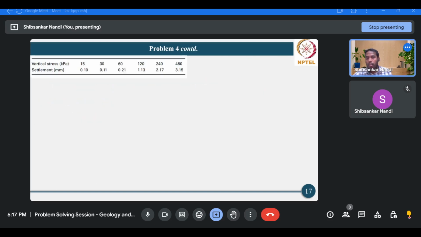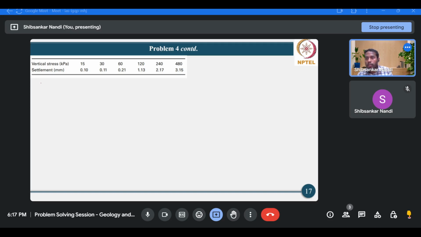To plot the void ratio corresponding to each load increment, we have to go through a few steps that we'll see now. We'll do this computation in a tabular fashion.